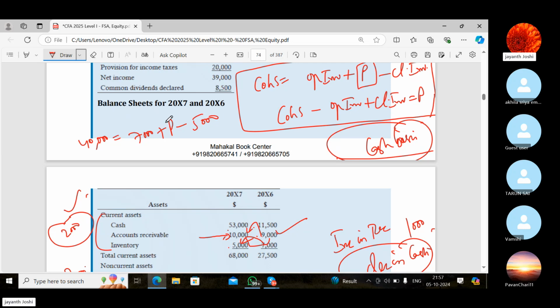But I would recommend you to go with the cash basis only, always. So 40,000, 7 minus 5 is 2. 2,000 comes here. You get purchases, and purchase is always an expenditure. So 38,000 is your purchase.